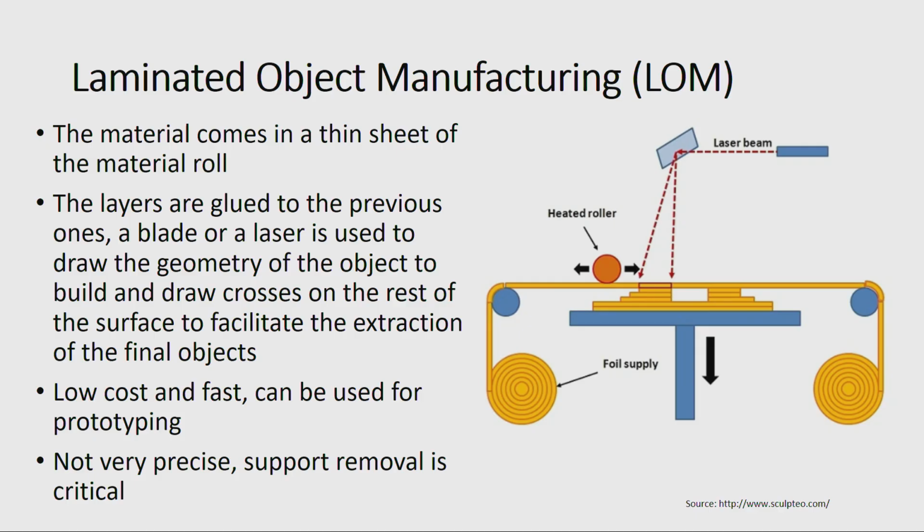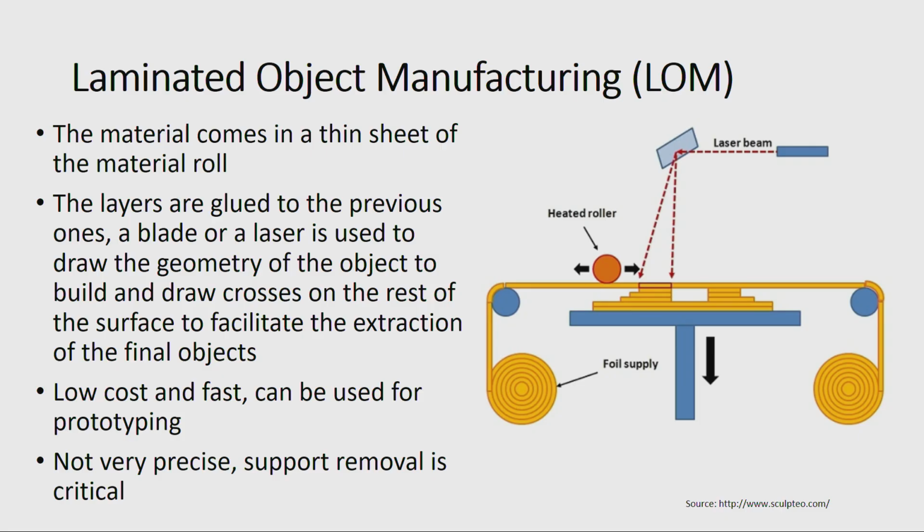In SLS 3D printing, the powder is sintered using a laser beam to make the object. In material jetting, the UV light curable material is deposited through micro orifices, and it is cured using UV light.